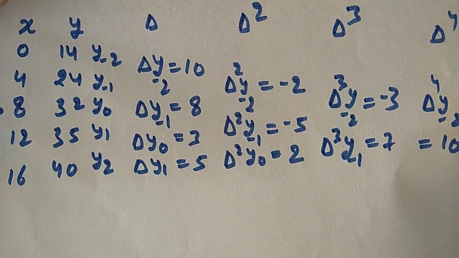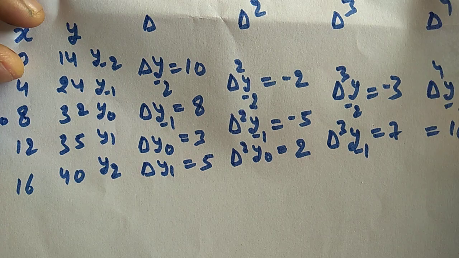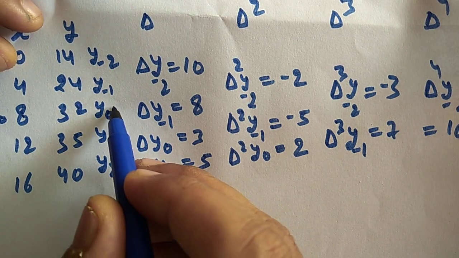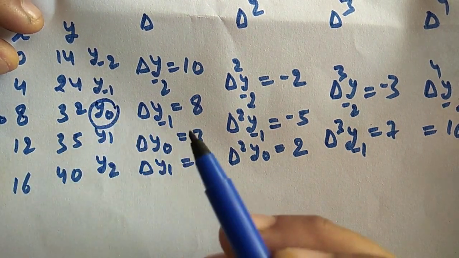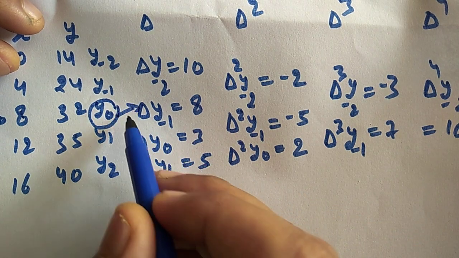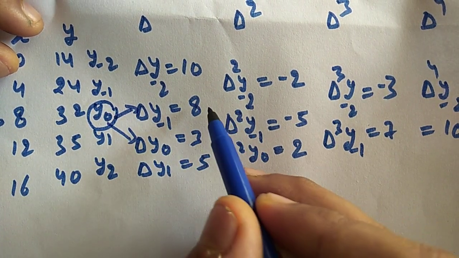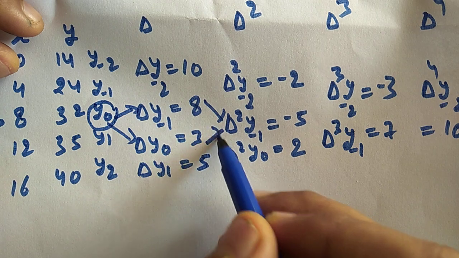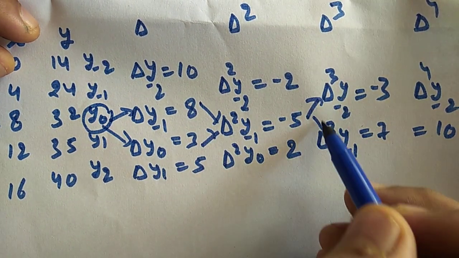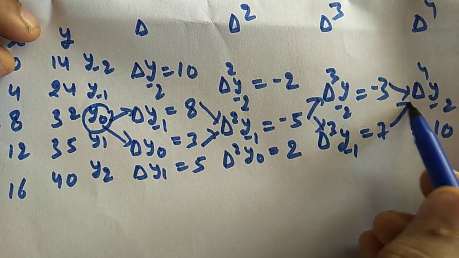Now let me write the Stirling formula. So let me mark the arrow at x0 here, then we have the average of delta y0 and delta y1, then we have delta square y0, then the average of these two, then we have a single term.